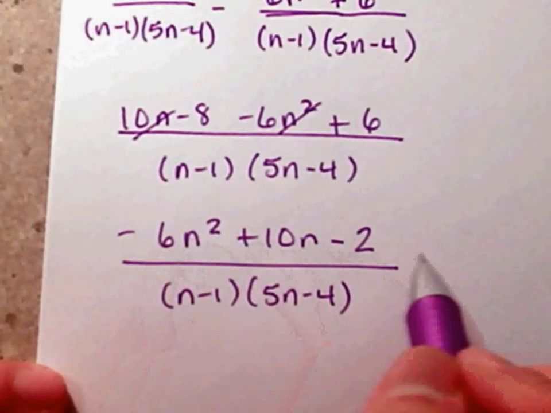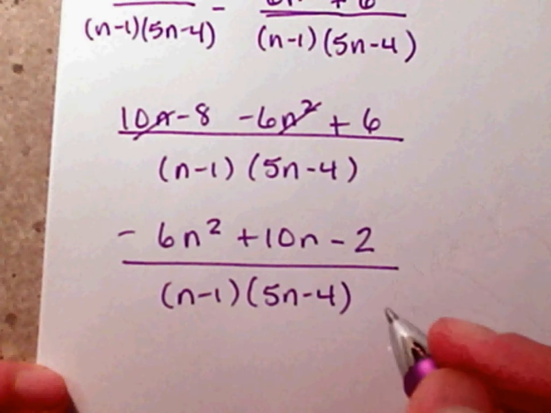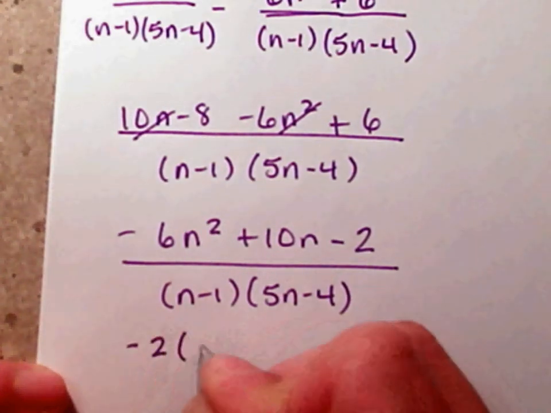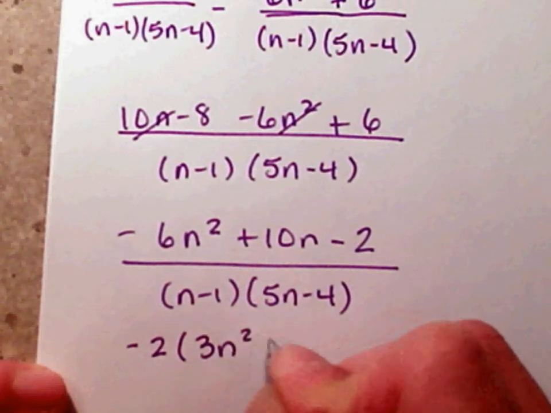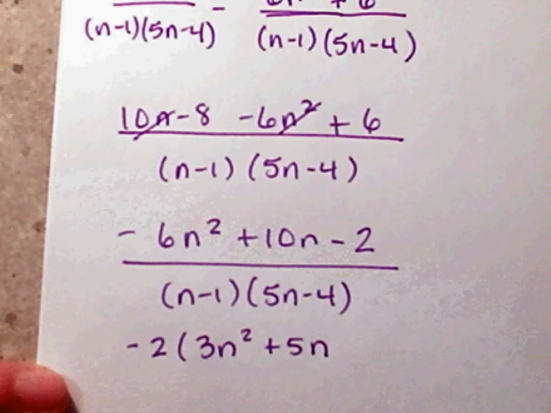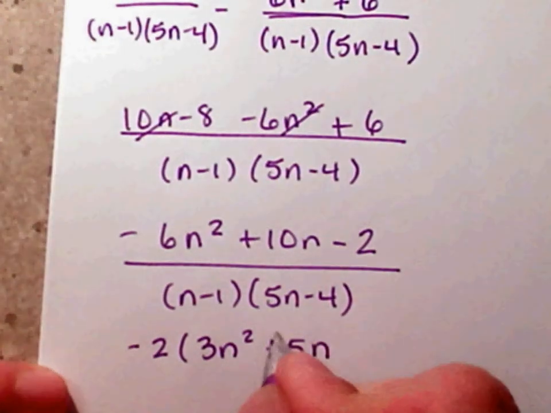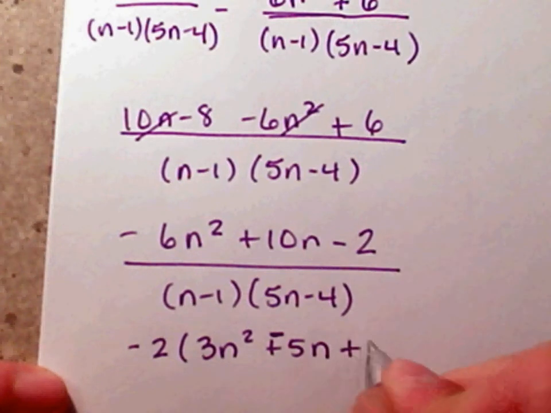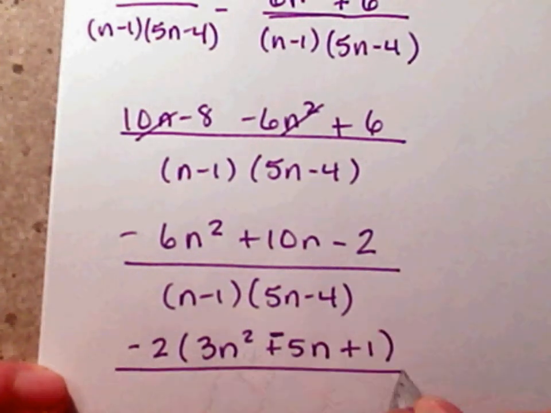See if you can factor out some more. I'm going to factor out a negative 2. When I do, I have 3n squared, my apologies, that should be a minus 5n, okay, plus 1. All of that over n minus 1 times 5n minus 4.